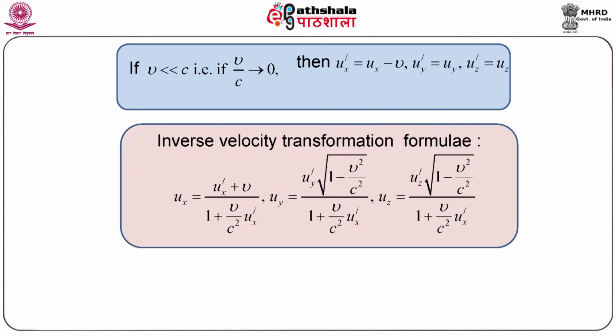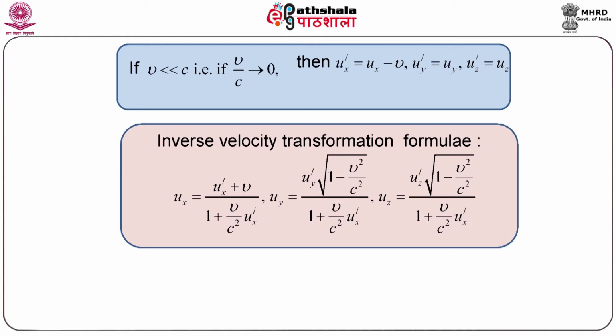Inverse velocity transformation formulae can be obtained like this. To obtain the inverse velocity transformation formulae, we have to replace the primed quantities by unprimed quantities and v by minus v.